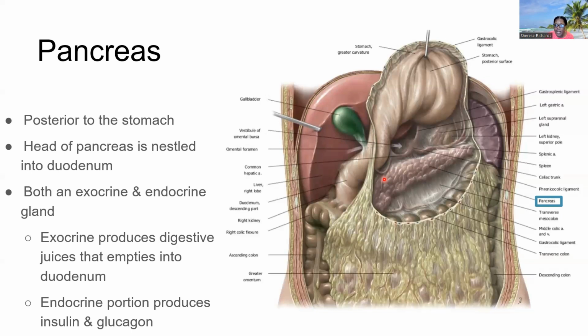Now, the pancreas also has an endocrine portion, and we spoke about this in the endocrine part of last semester, where we talked about insulin being secreted, glucagon being secreted, and these are secreted from the islets of Langerhans, if you remember that term.